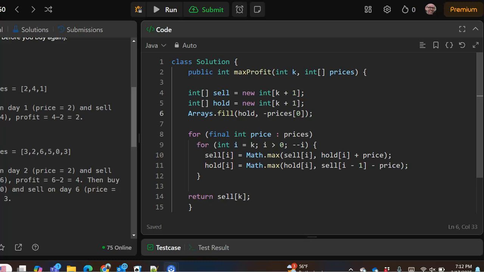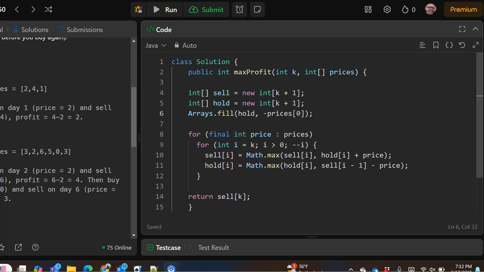The sell array represents our position or our profit after selling a stock, and the hold array represents our position, our balance. It's a little confusing.